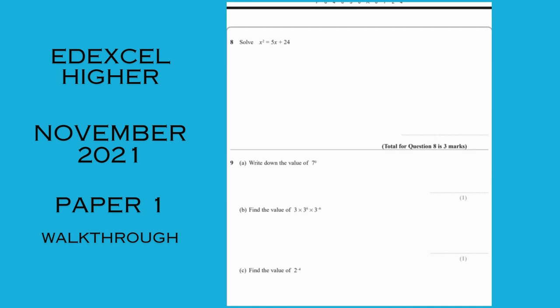Number 8, it's solving a quadratic, but unfortunately they haven't put it equal to 0 for you. So you've got to take away 5x and take away 24 from both sides. It's non-calc paper, so 99% of the time it doesn't need the formula. It's easy. Factorising.